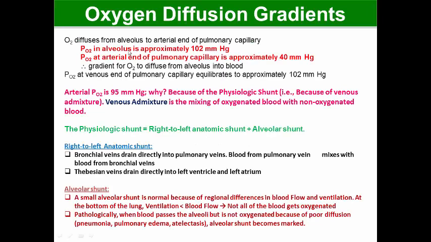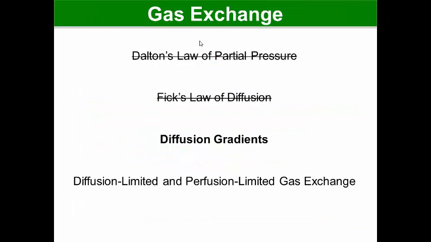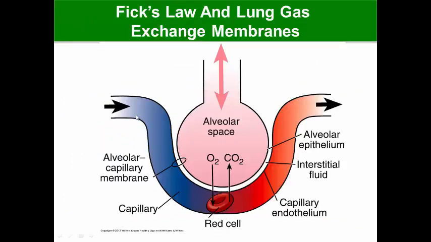Okay? So now let's describe again the diffusion gradients for oxygen and carbon dioxide in more detail. We mentioned that oxygen diffuses from the alveolar air to the arterial end of the pulmonary capillary. The arterial end of the pulmonary capillary is this end, where we have deoxygenated blood, because we have here the pulmonary artery. The pulmonary artery divides into smaller branches.